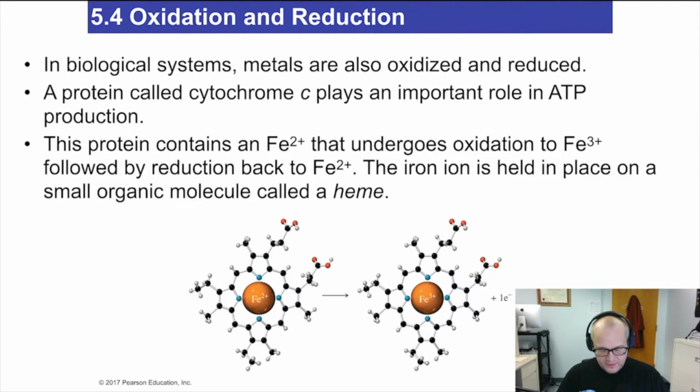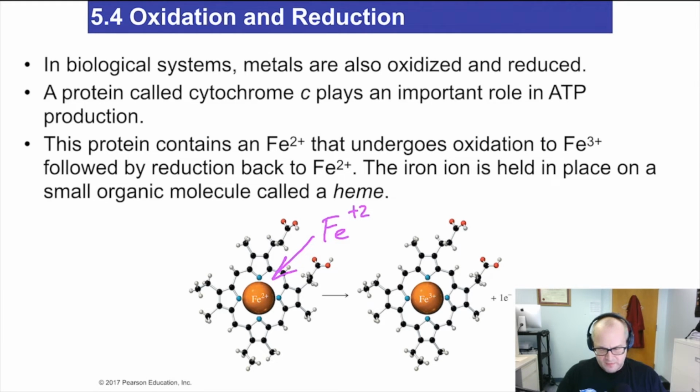Now here's a quick little introduction to some relevance here. Here we have part of a protein called cytochrome C. It's very important in ATP, adenosine triphosphate production, which is the energy for the body. Now this contains an iron plus 2.